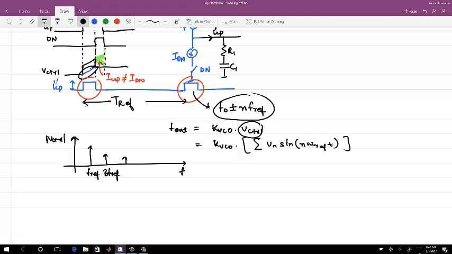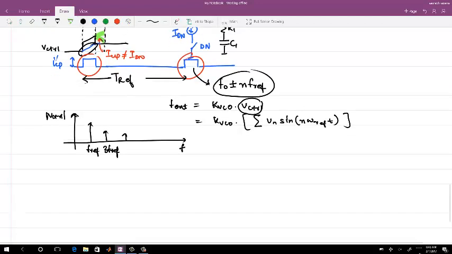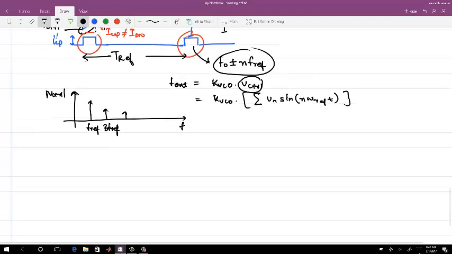Which is actually not good, because you are getting unwanted tones at the output. Again, how much can you tolerate? That depends on the application. And since I am talking of the reference, these things are commonly referred to as reference spurs.